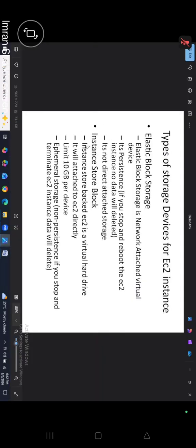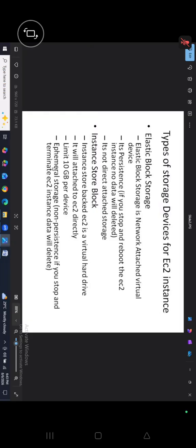Coming to instance store block. This is old, guys. This is the old type of instance store block. So instance store backed EC2 is a virtual hard disk. It will attach to EC2 directly, like how we attach our hard disk into our laptop directly.